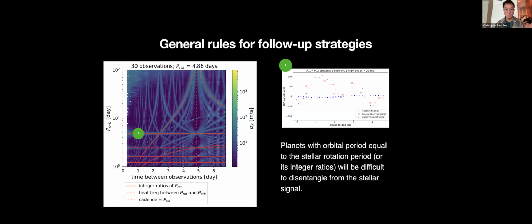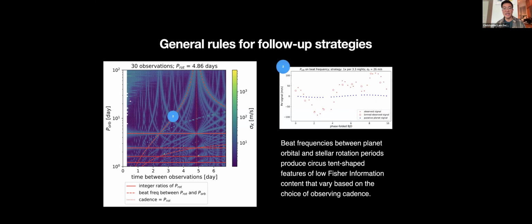And this is still for this AU Mic case. These horizontal lines that I've drawn helpful red guide lines on are just danger zones, and you can see because they're horizontal, it doesn't matter what your strategy is. It's just bad. So this is kind of a trivially bad case.